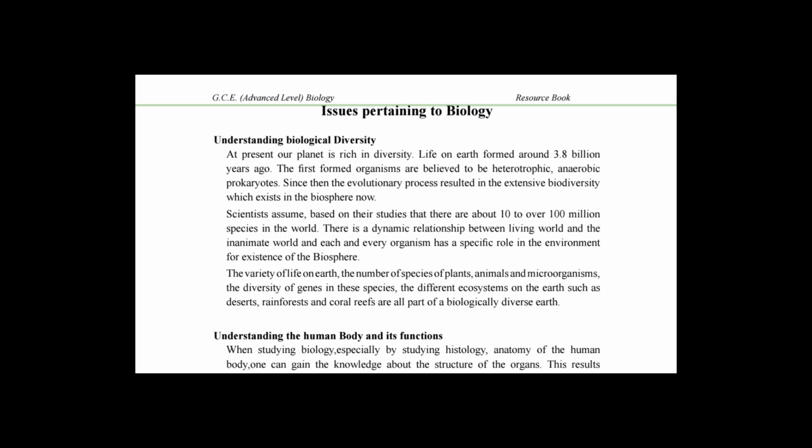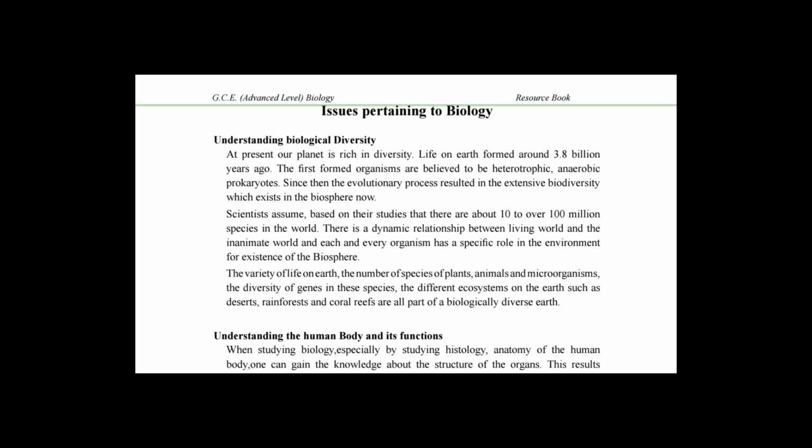Variety of life and diversity of genes mean, for example, in humans there are about 20,000 to 25,000 genes. In a rice plant there are about 40,000 to 45,000 genes, and in a fruit fly there are about 13,600 genes.